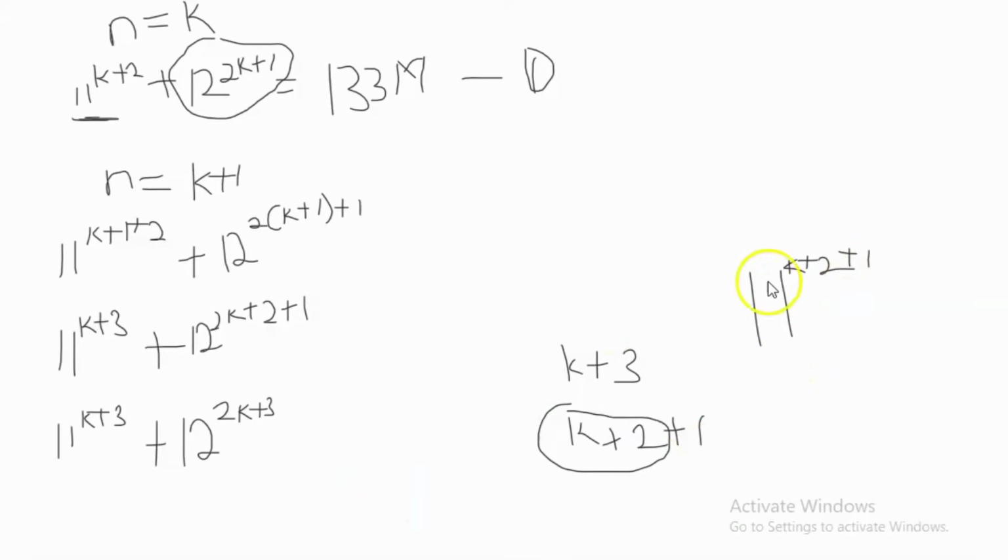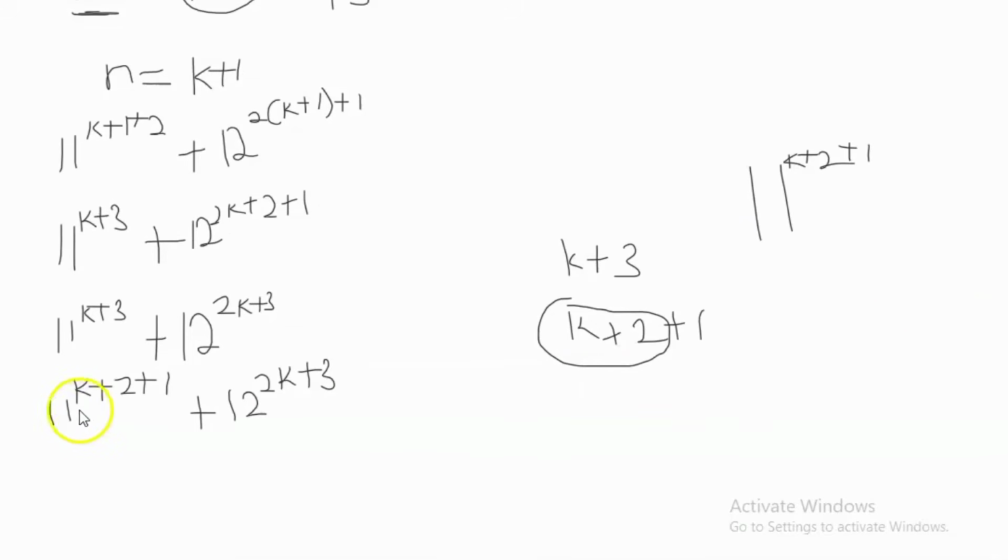Let's just write that. So now we have 11 to the power of k plus 2 plus 1, so we can write this as 11 to the power of k plus 2 multiplied by 11 to the power of 1. Because at the end of the day, it still comes back to this.